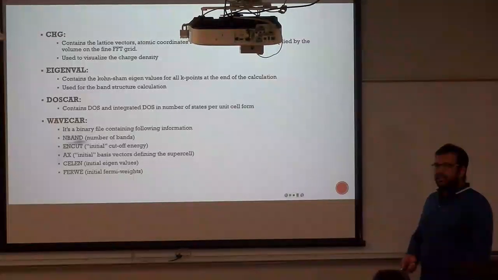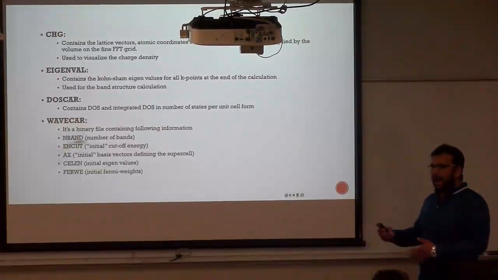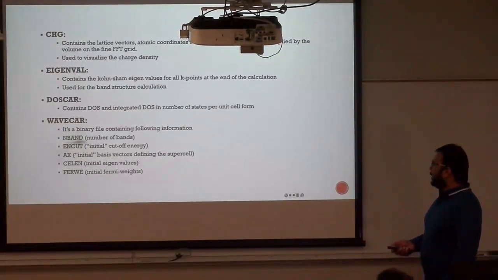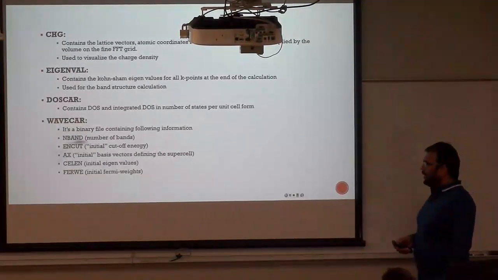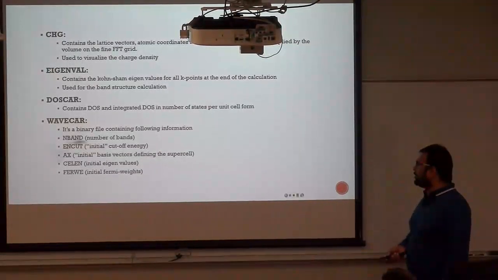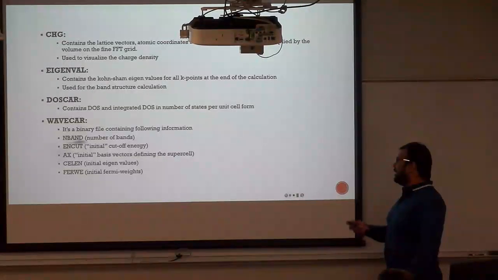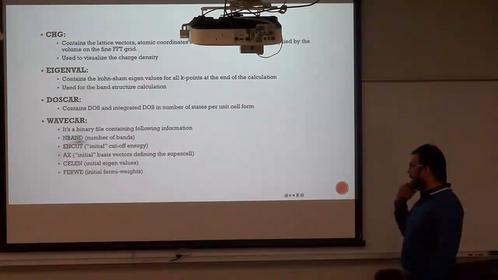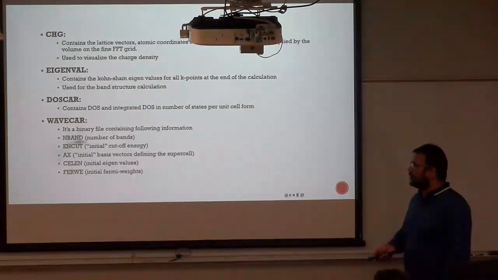And the DOSCAR file is what I am also going to use for the calculation of density of states. And the WAVECAR file is a binary file, and it contains the following information: the number of bands, the initial cutoff energy, the initial basis vectors defining the supercell, and also the initial eigenvalues and initial Fermi weights.